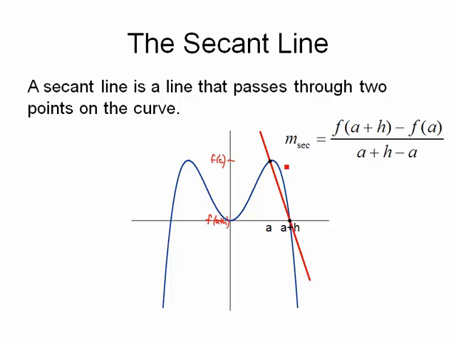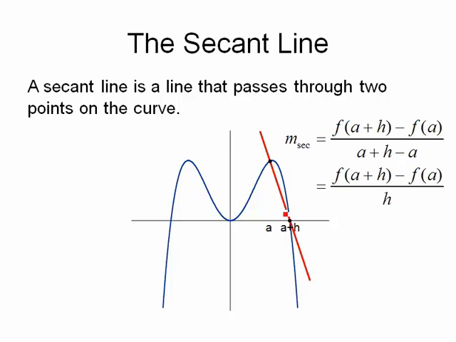So if I want to know the rise in this, I'm going to want to know the difference between f of A plus h and f of A. So I'm going to go ahead and subtract them. The run is simply going to be the difference between these x values down here. And so if I take A plus h and subtract A, of course, I get h, because I told you that they were h apart.